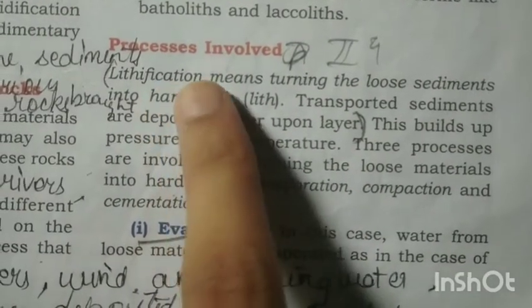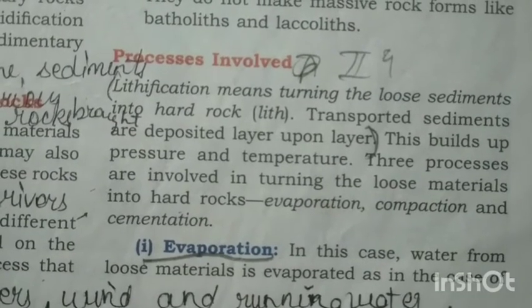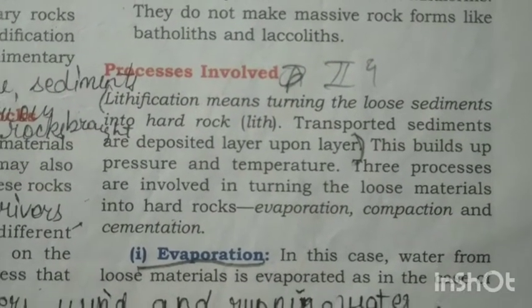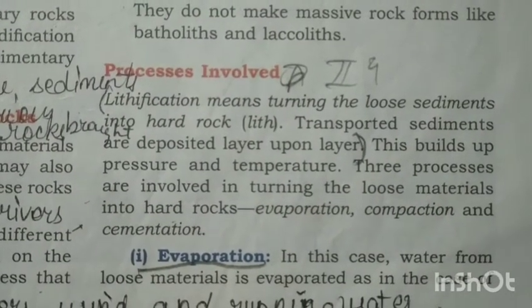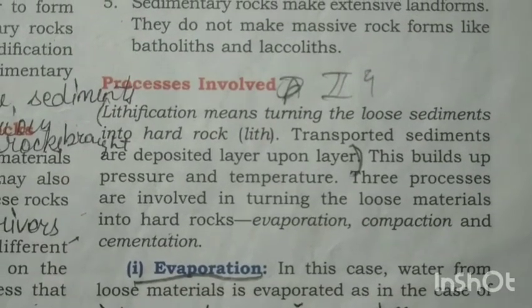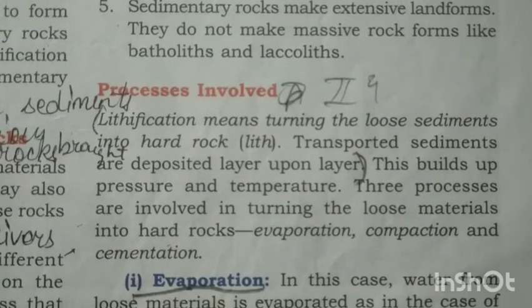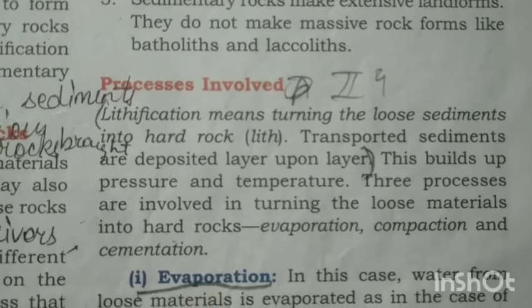Now, what are the processes involved in it? Lithification. What is lithification? Lithification is turning loose materials into hard rock. When the sediments of the igneous rocks are eroded by various agents like wind, glaciers, water, ocean waves, they are very soft as compared to the previous igneous rocks.